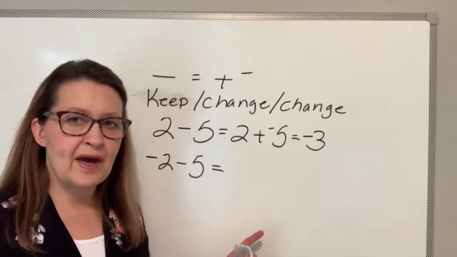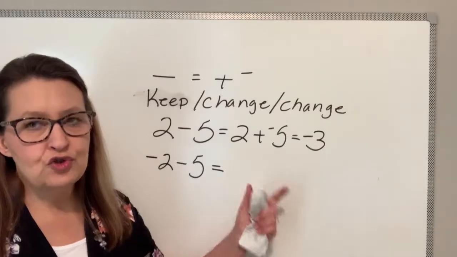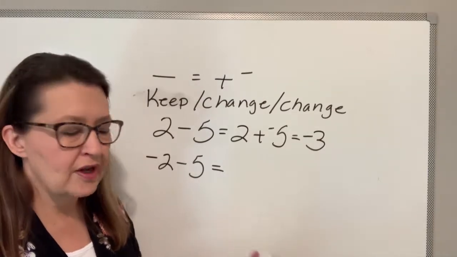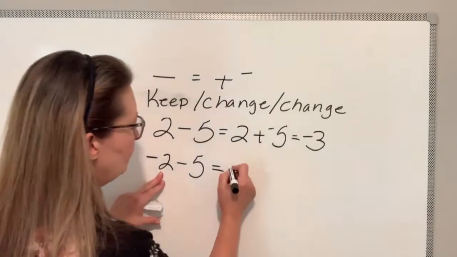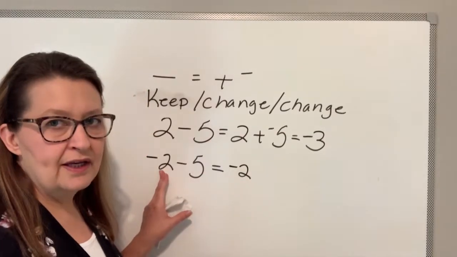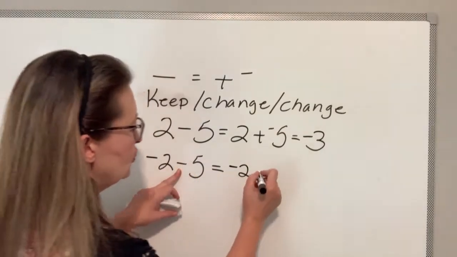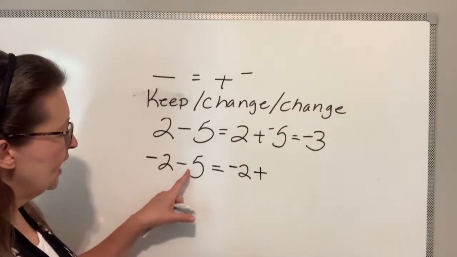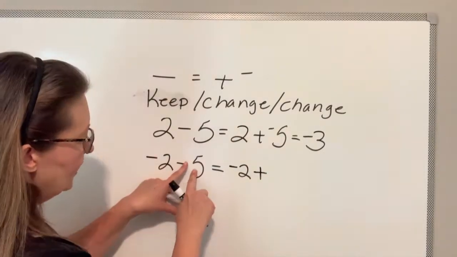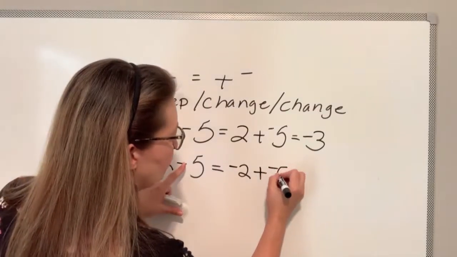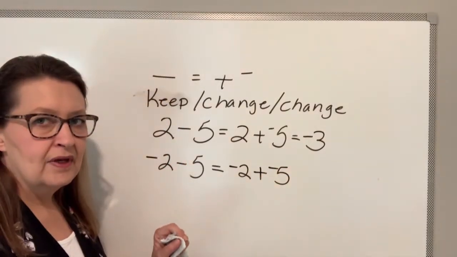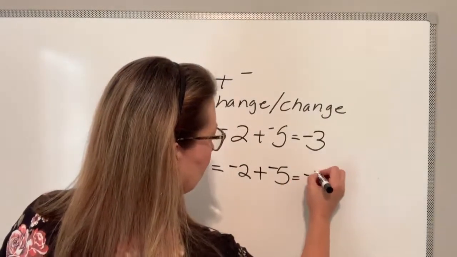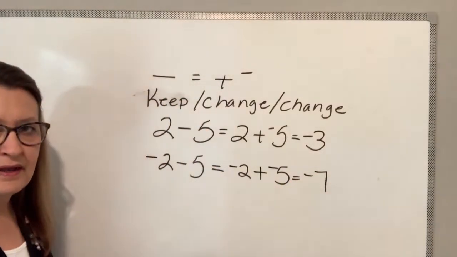You change the minus sign to addition, and you change the sign of the following number to the opposite of whatever it was. So for example, I'm going to keep the negative 2 just like it is. I'm going to change the minus to a plus sign, and then I'm going to change this to the opposite. Right now it's positive, so I'm going to change it to negative. Now you're adding 2 numbers with the same signs, so you add and keep the sign.